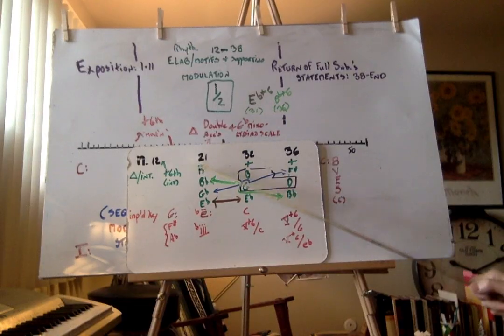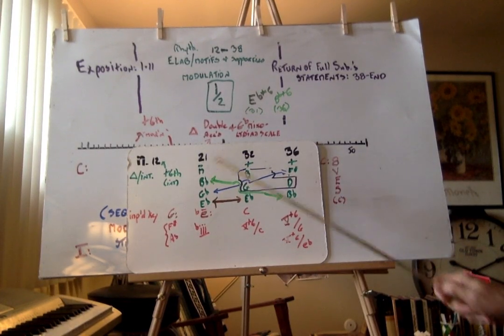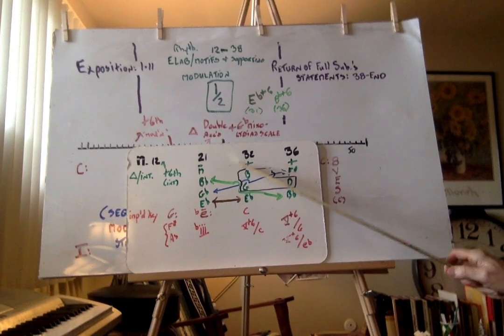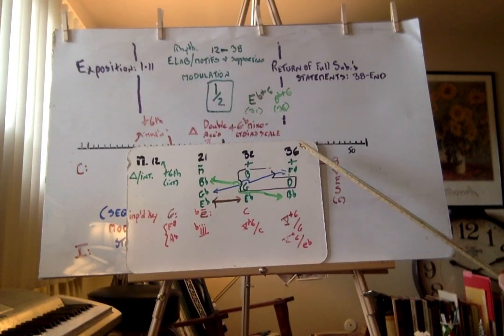Then we have a prominent E flat minor chord, measure 21, and a prominent E flat augmented first inversion chord in measure 32 and measure 36. We have that B flat augmented sixth, or first inversion augmented chord with B flat as the root.